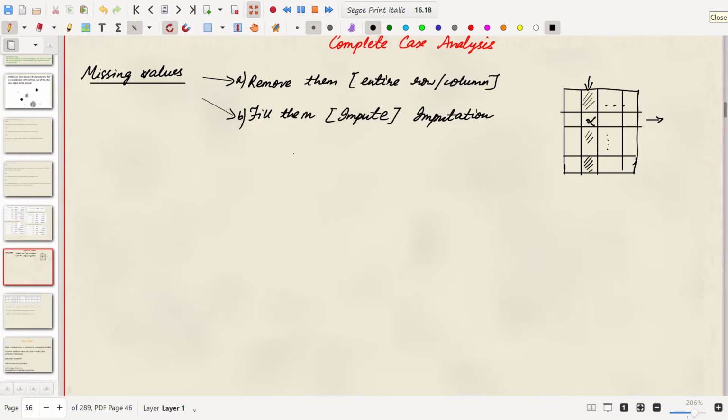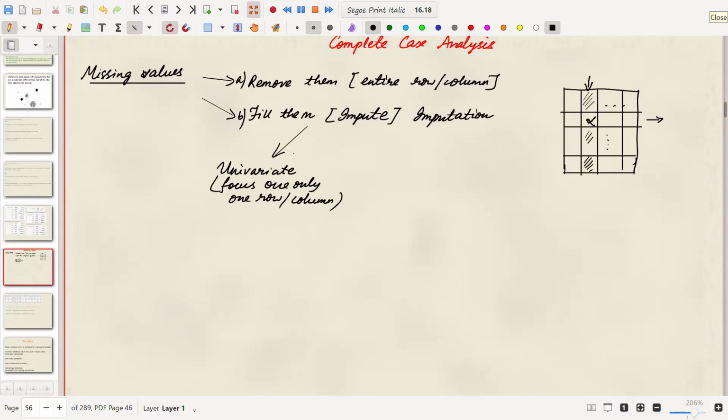So if you are filling that particular missing value based on that single column, mind my word, single column, then it is known as univariate. You focus on only one row or column.